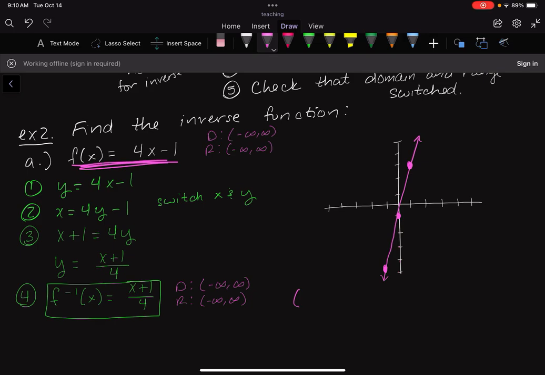So the points that the original graph went through were 0, -1, 1, 3, and -1, -5. I just wrote down the points that I plotted. My inverse function, I just swap the x's and y's. So it's going to go through -1, 0, 3, 1, -5, -1. So I'm going to graph this.